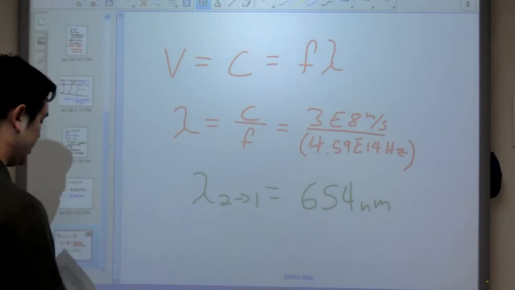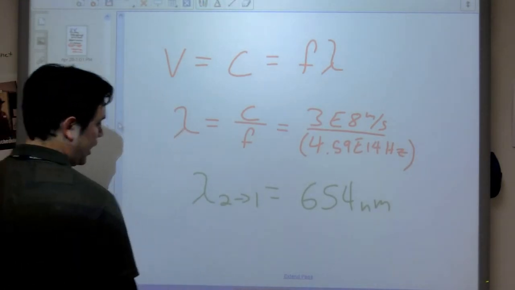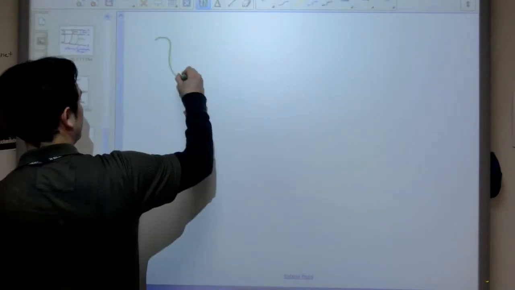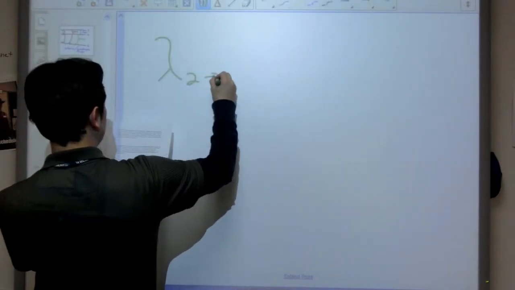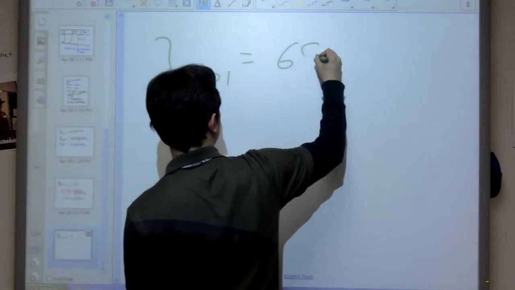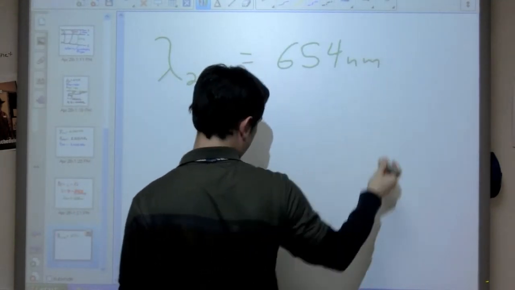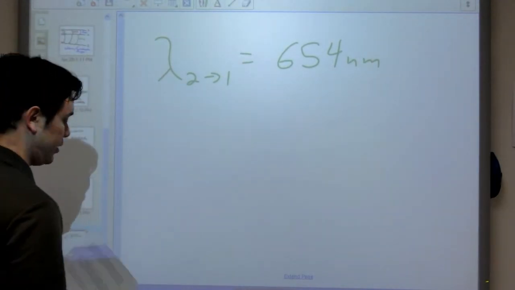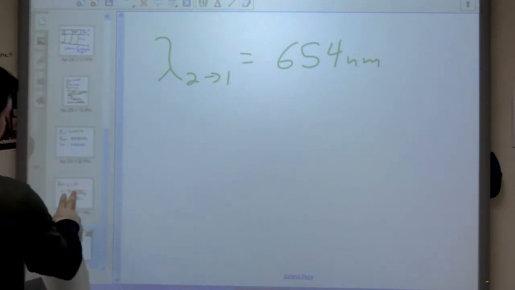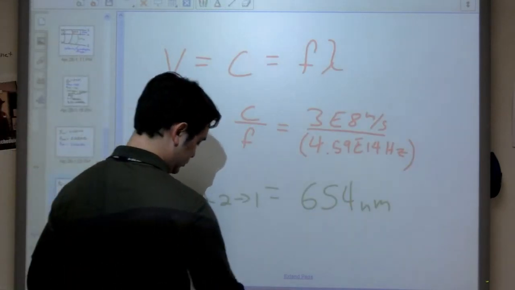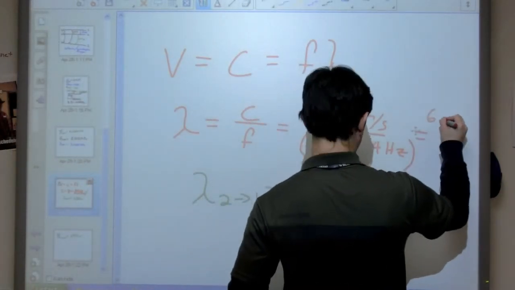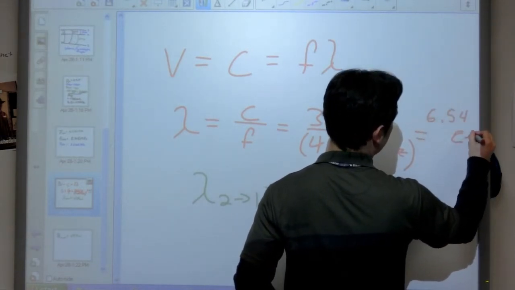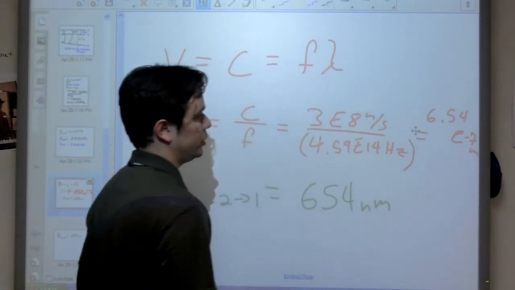All right? Now you'll do the exact same thing with the other frequencies, and you will find, I'll make a chart here. So 2 down to 1 gave me 654 nanometers, which is 6.54 times 10 to the negative 7th meters, which is what you'll actually get out of this, because it gives us the value in meters.